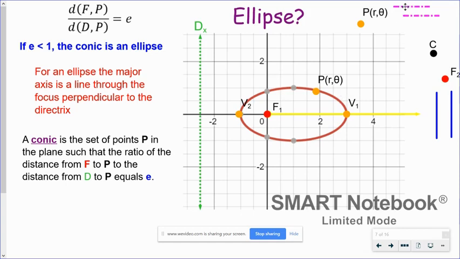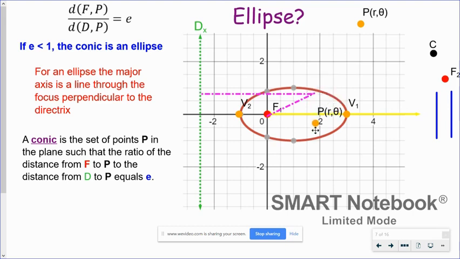What matters the most is that, by definition, the distance from the focus to this point compared to the distance from the point to the directrix, for it to be less than 1, this distance must be less than that distance, and you can clearly see it is.